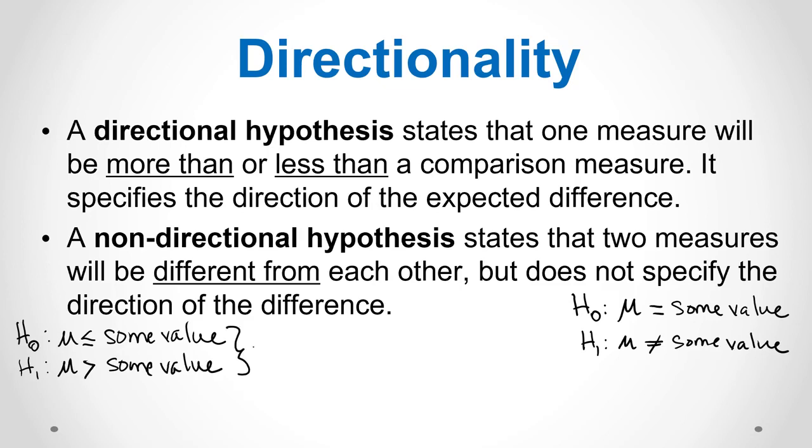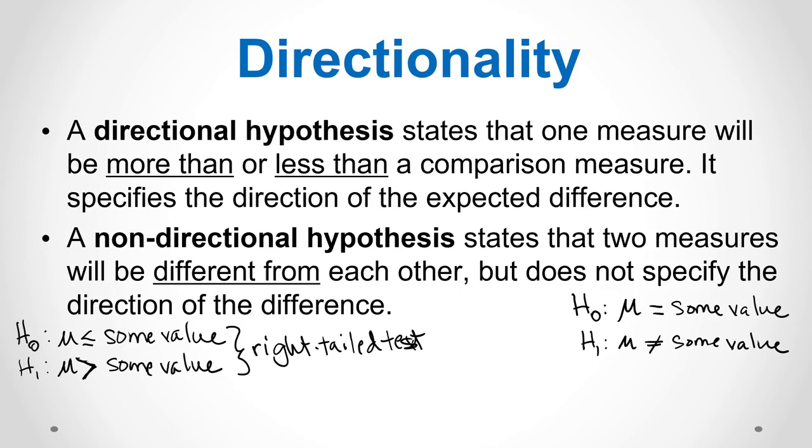So this is a right-tailed test. Notice how both of these hypotheses include the full range of values that could occur. Also notice that the direction of the inequality sign in the alternative hypothesis points to the right for a right-tailed test. See, it points to the right.